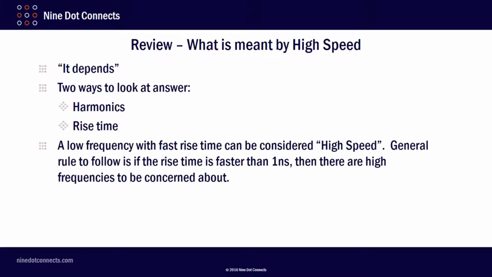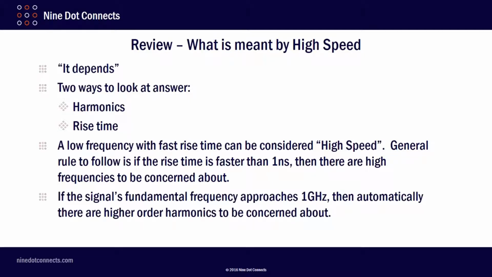So in my perspective, it depends rules the roost, because there's 2 ways to look at the answer. It depends on whether you're looking at harmonics or you're looking at rise time. So you can have a low frequency with fast rise time, and that can still be considered high speed. The general rule to follow is that with rise times faster than 1 nanosecond, there are going to be high frequencies to be concerned about.